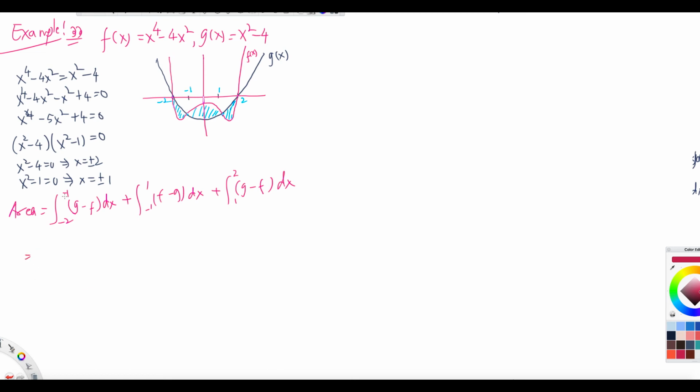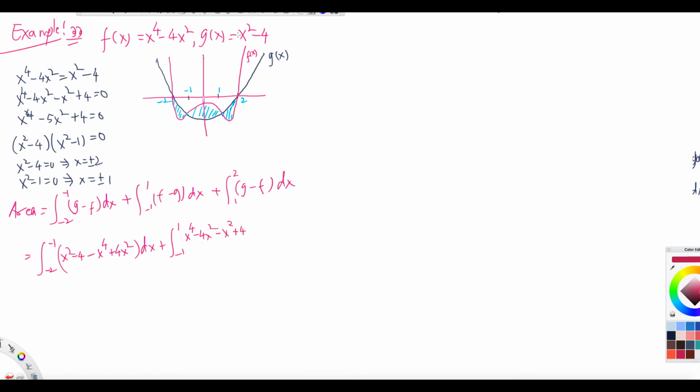So if you do negative 2 to negative 1, what is g(x)? g(x) is x square minus 4. Minus f is negative x to the 4th plus 4x square, because I'm just distributing the negative sign to both of these. So that is negative x to the 4 plus 4x square dx, plus negative 1 to 1, it is f minus g: x to the 4 minus 4x square minus x square plus 4.